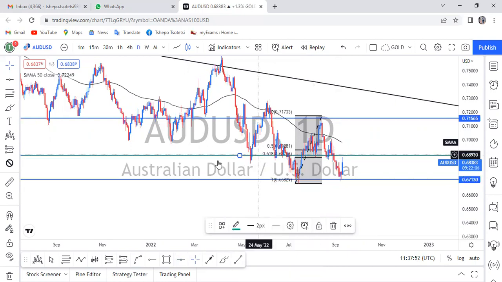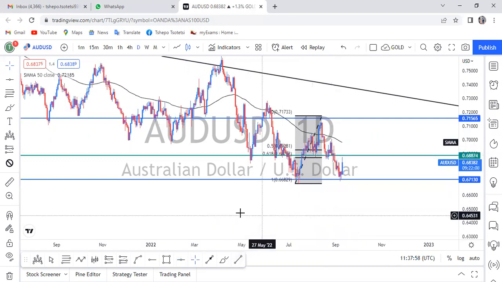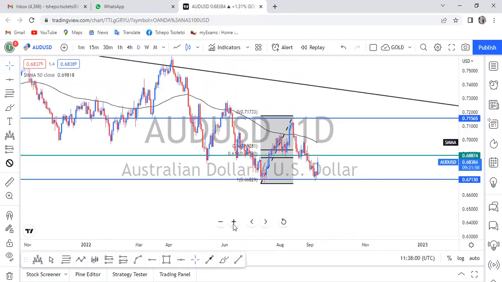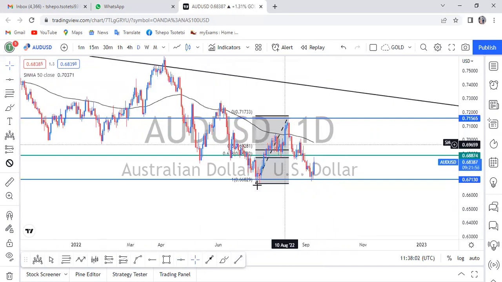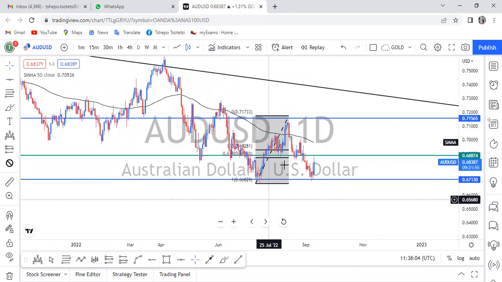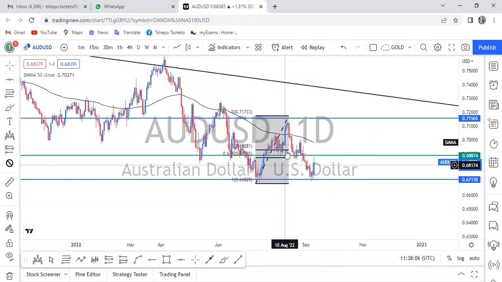We have a level here because of Fibonacci. So a Fibonacci level can act as your support or your resistance, guys. We can see here is a level, and you can see price is at this Fibonacci level here. So it might go down before it starts moving up. So let me remove this Fibonacci.